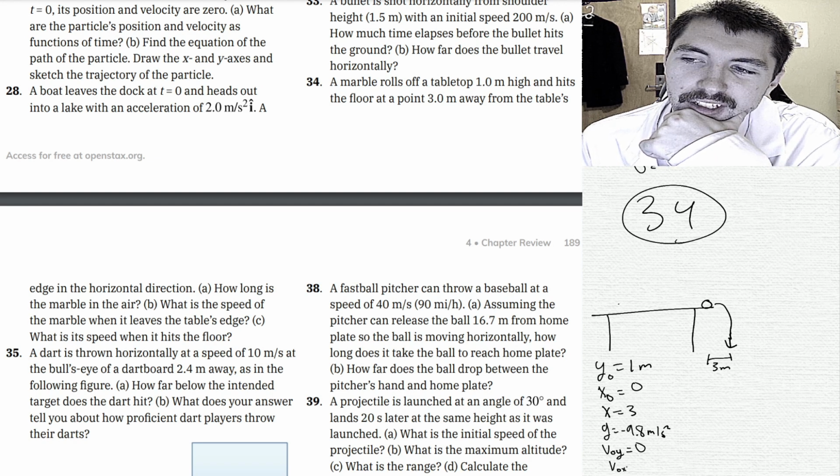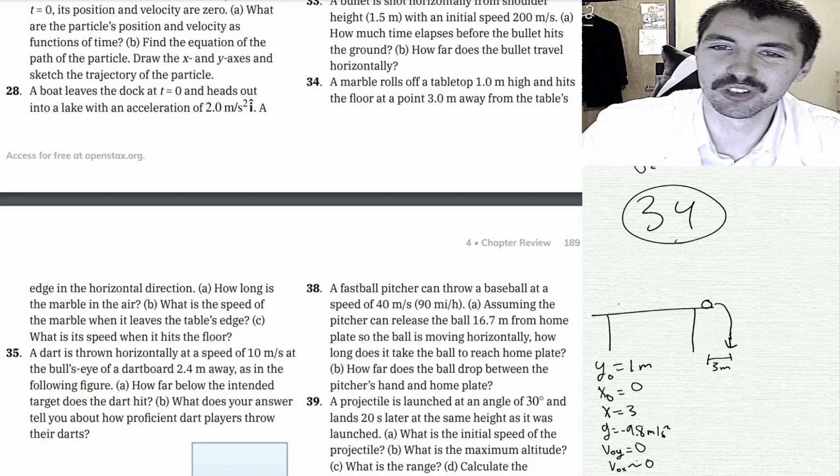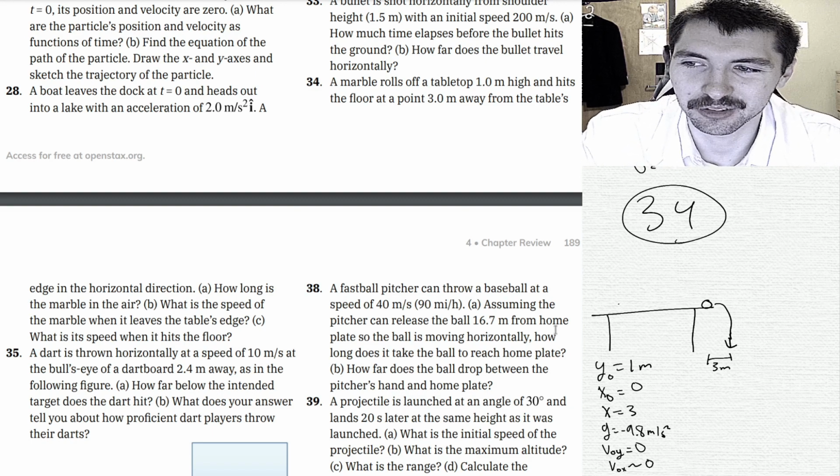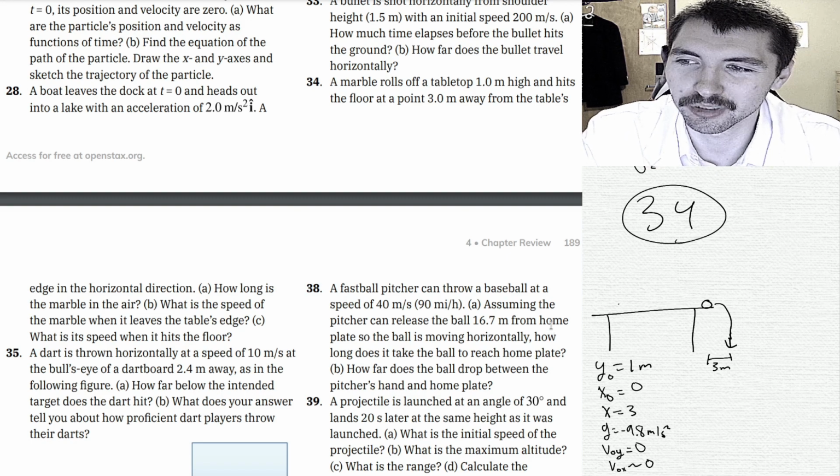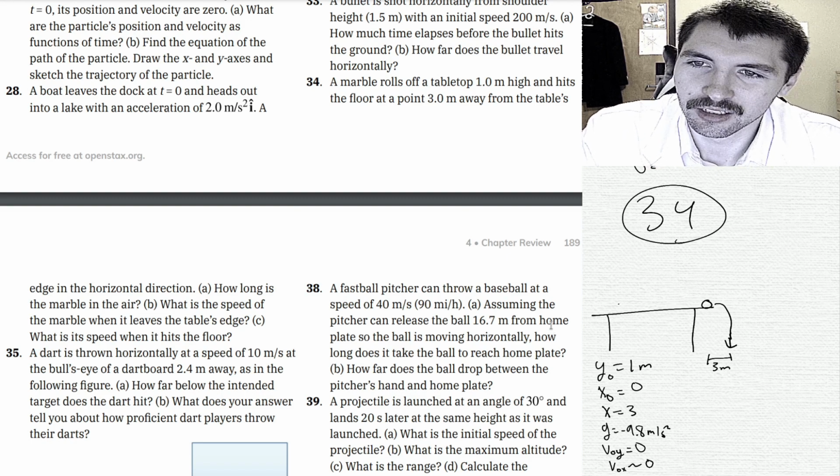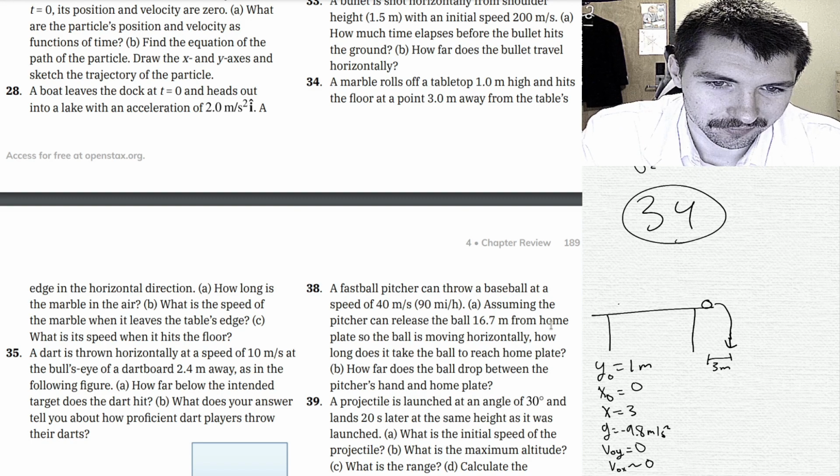I'll say V naught x is about 0. I mean, it's rolling. I don't really know how fast it's rolling, but I'm guessing it's rolling pretty slow. How long is it in the air?